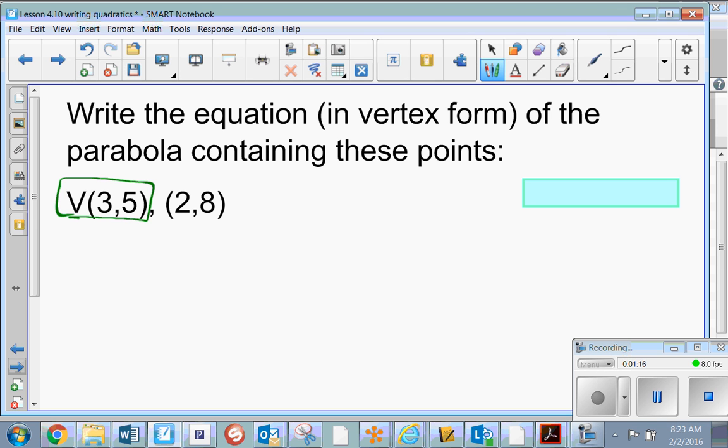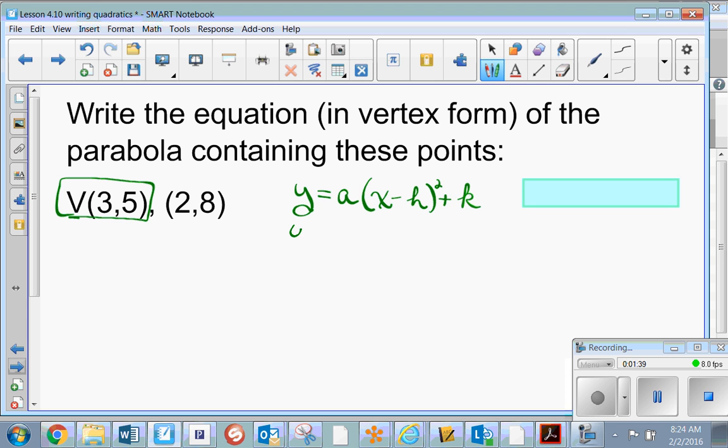So the first thing I'm going to do is just write down the generic vertex form, which is y equals a(x minus h) squared plus k, right? Well, what can I do with the vertex, the point (3, 5)? Where can I put those in my equation? H and k, yeah.